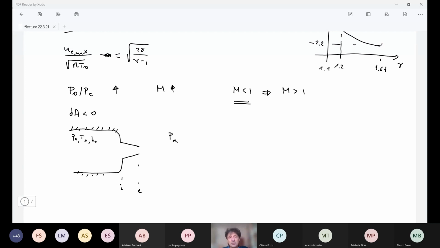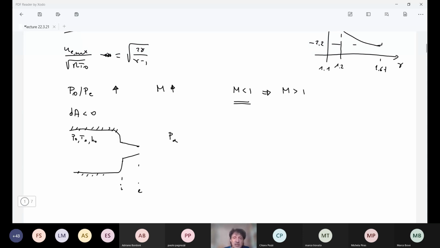So the pressure difference is the driver that allows us to generate a motion. There is a force because of the pressure difference that accelerates our fluid. And so we can expect that there is some dependence on the difference between these two pressures, P0 and PA.